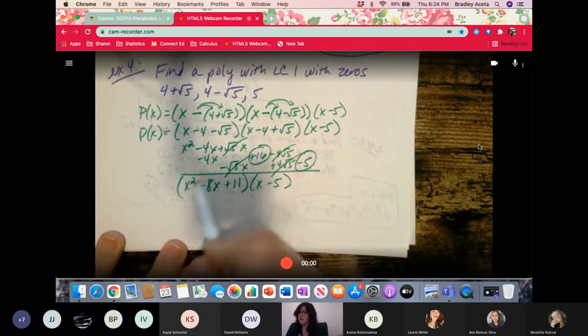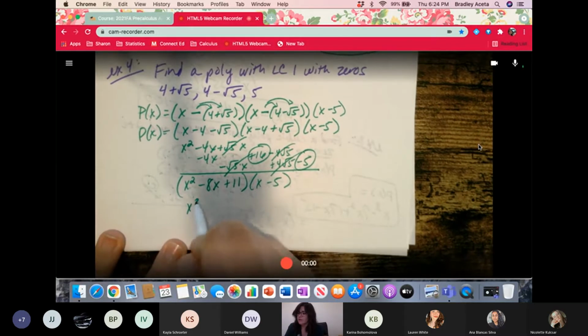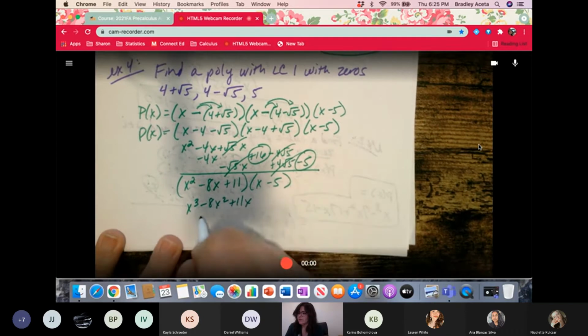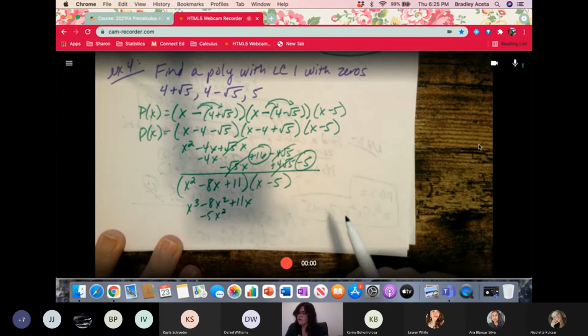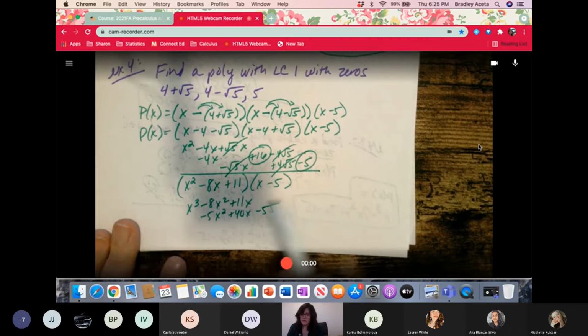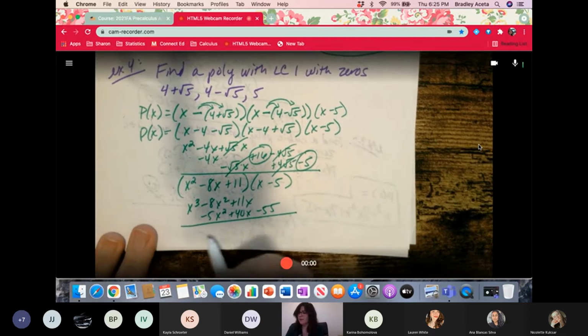But see, you're getting so good at it now. I take the binomial and I distribute it into the trinomial. So x cubed negative x squared plus 11x minus 5x squared plus 40x minus 55. See, even with a headache, I can get this done if I take my time.